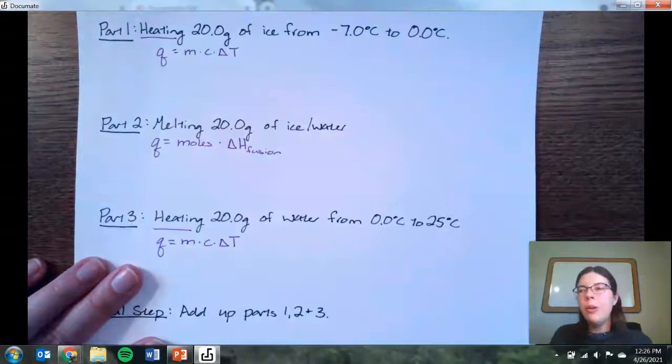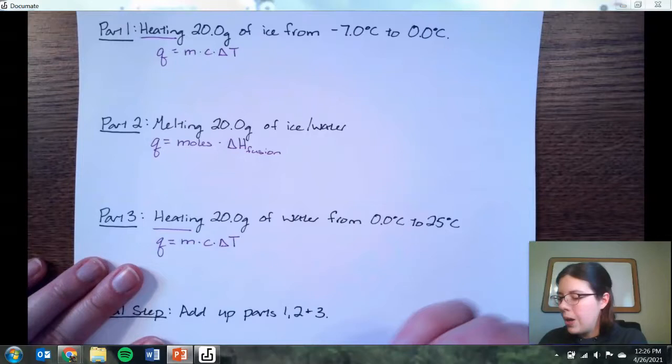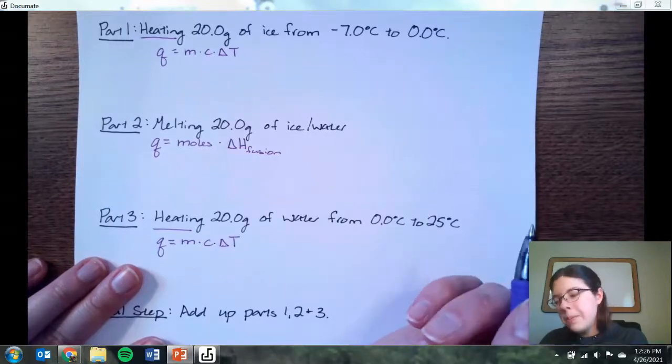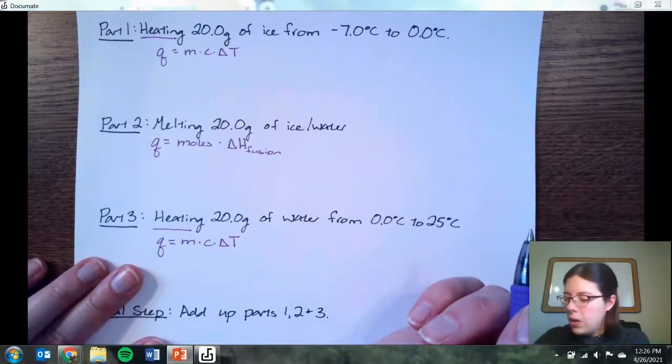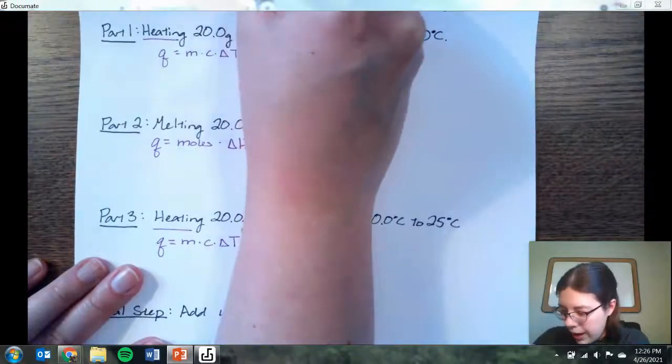Okay, so from here, we can go ahead and actually start to plug in our different values. So you're going to need the constants in your notes, so go ahead and pull those up to help you out. Okay, so Q is equal to M times C times delta T. So we have the mass that is given to us is 20.0 grams.